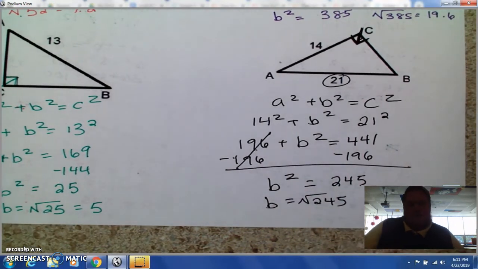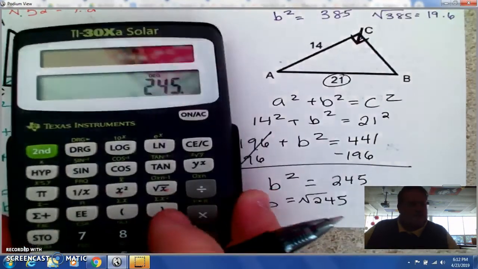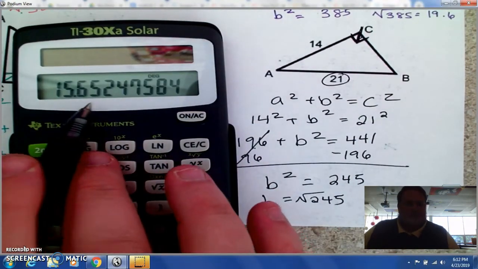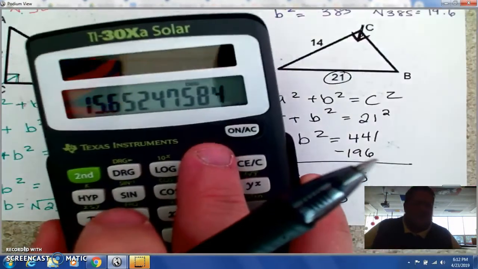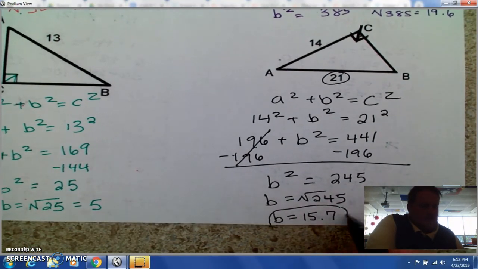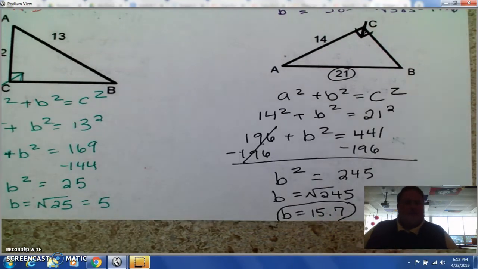I do that by hitting this button. I get 15.65. I'm going to round that to 15.7. So 15.7 is the correct answer for that.